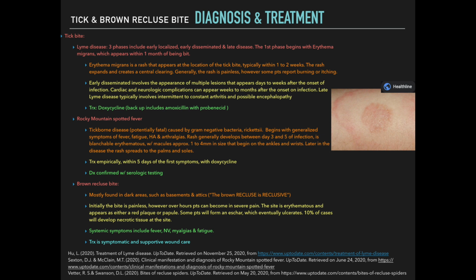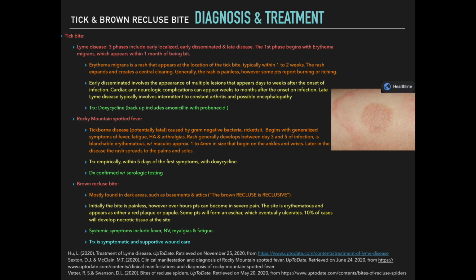Rocky Mountain spotted fever is also a tick-borne disease, and it's caused by the gram-negative bacteria Rickettsia. It begins with more generalized symptoms of fever, fatigue, headache, and arthralgias, and then a rash typically develops between day 3 and 5 of the infection. It is blanchable and erythematous, with macules approximately 1 to 4 millimeters in size, and they generally begin on the ankles and the wrists.